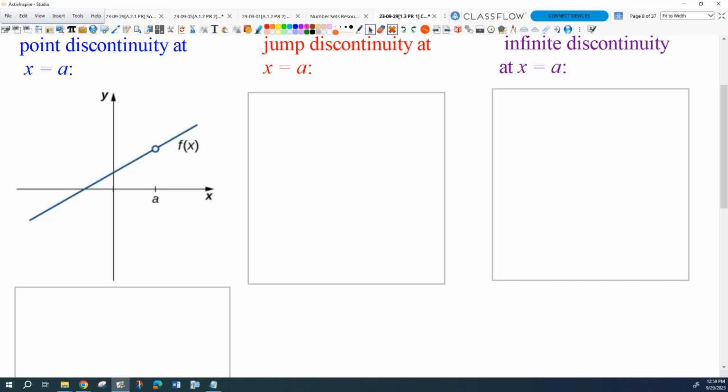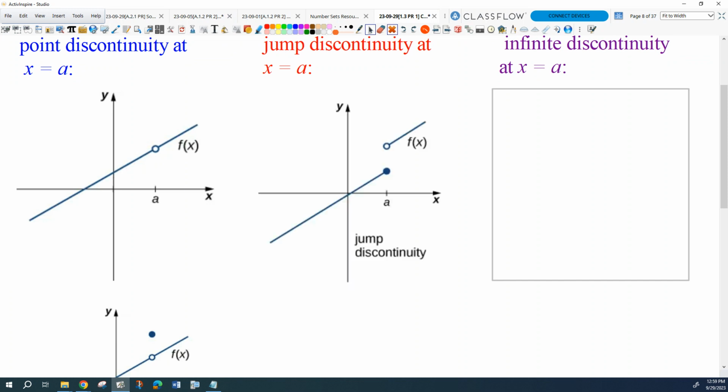There's just one little value that's off. A jump discontinuity, like we looked at with the absolute value function where there was a step, or the greatest integer function. Those are examples of jump discontinuities where the ant would literally have to jump to get from one piece of the function to the other as he crosses the discontinuity.